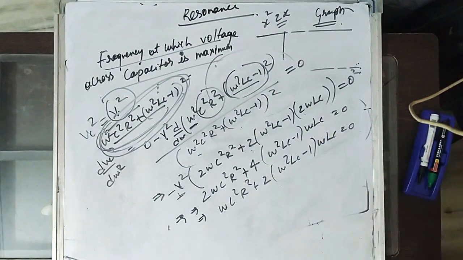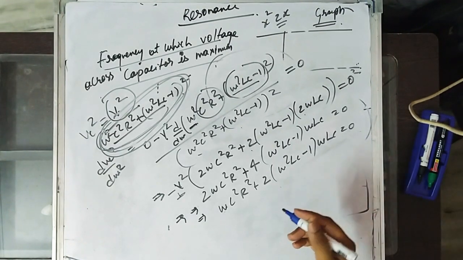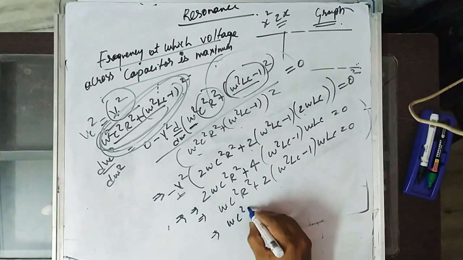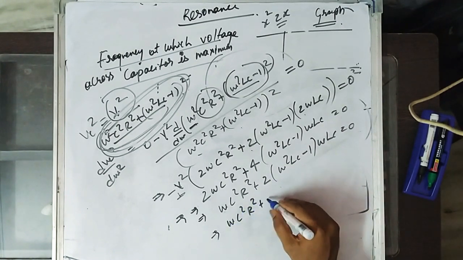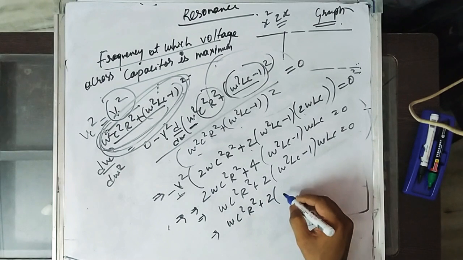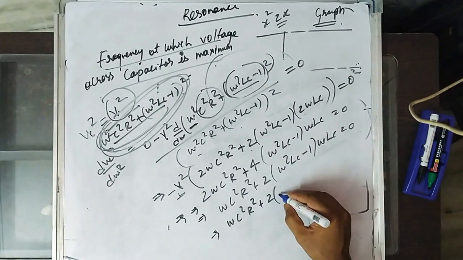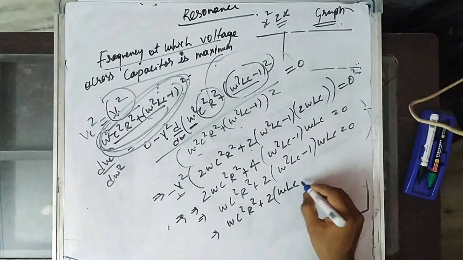So further solving, you will be getting omega C square R square plus 2 into omega LC.